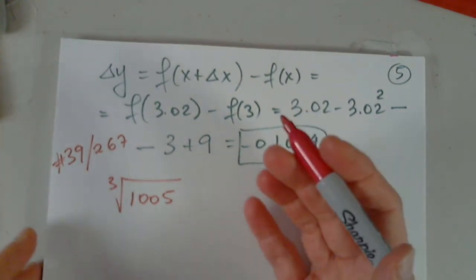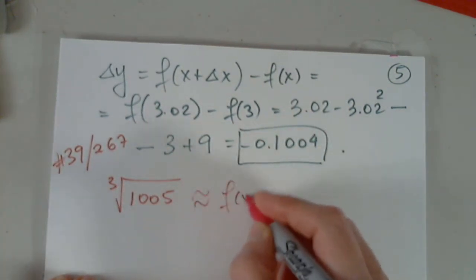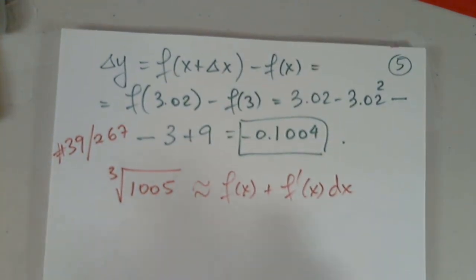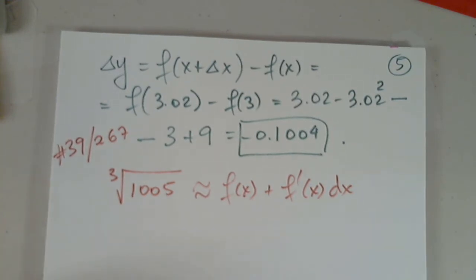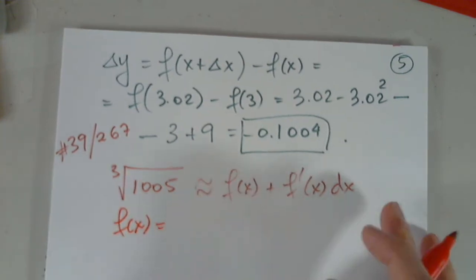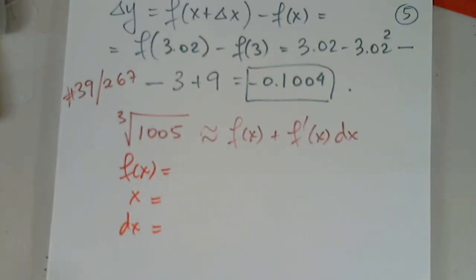And you could say, what is this? Very simple. It's approximately f of x plus f prime of x dx. I need to identify the function. I need to identify x. I need to identify dx. And after that, I need to find f prime.